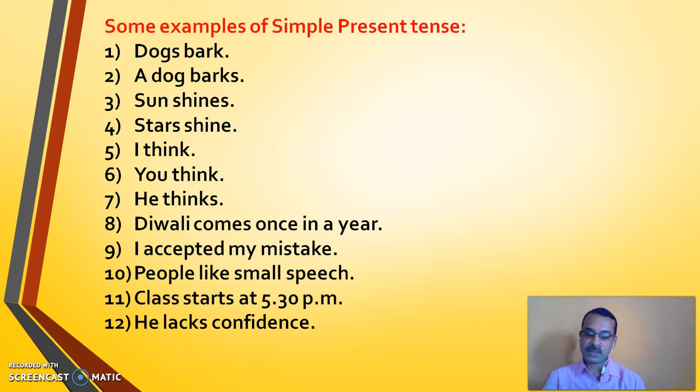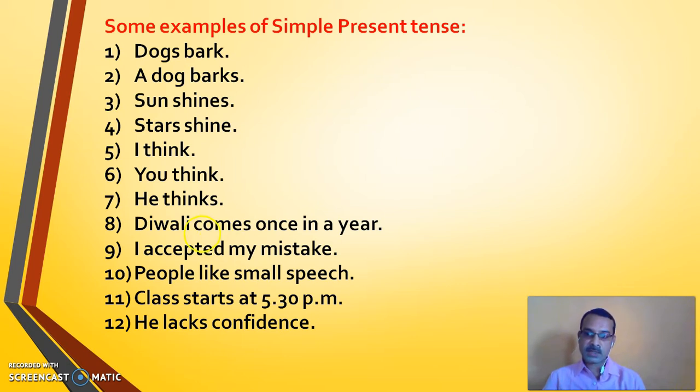I think, मला वाटते. You think, तुला वाटते. He thinks, त्याला वाटते. Diwali comes once in a year, दिवाळी वर्षातून एकदा येते. I accepted my mistake. This is not an example of simple present tense, but I have just added it to tell the difference between simple present tense and simple past tense.